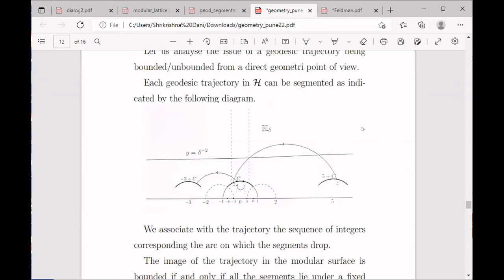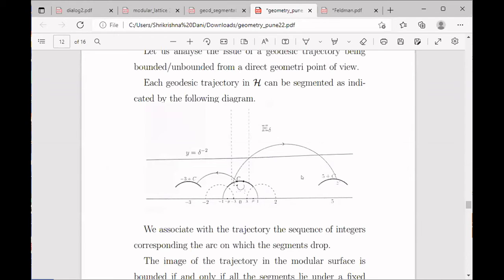And notice that it's quite obvious that if this sequence of numbers is bounded, then the trajectory has to be bounded, and conversely. Why? Because the height of this is closely related to, actually just, the diameter of this semicircle.